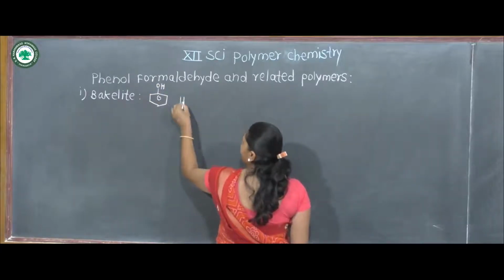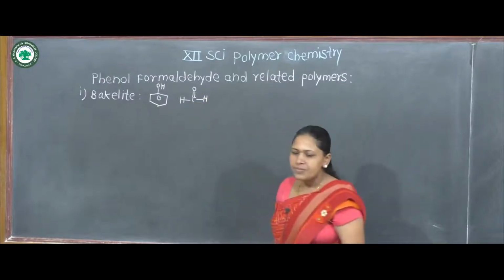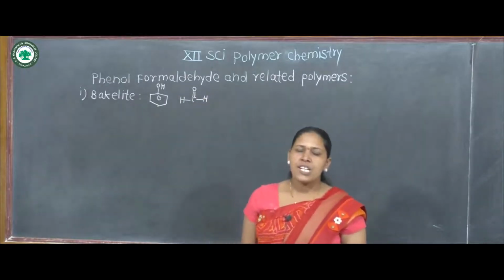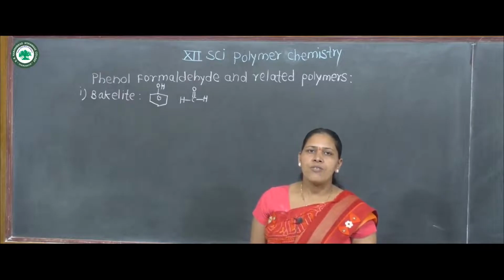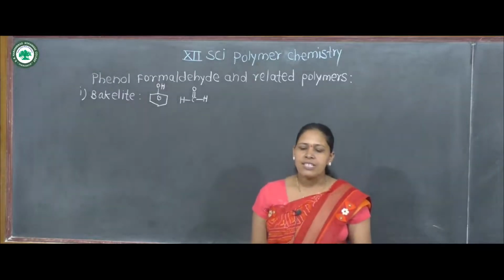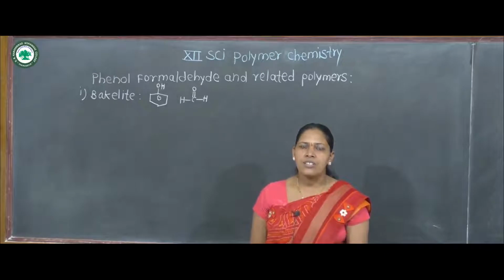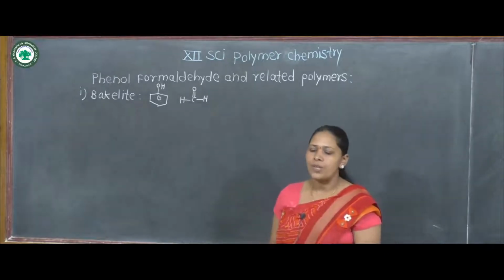It is a thermosetting polymer obtained from the reaction of phenol and formaldehyde in the presence of an acid or base catalyst to form thermosetting molding powder in the second stage, called Novolac polymer.